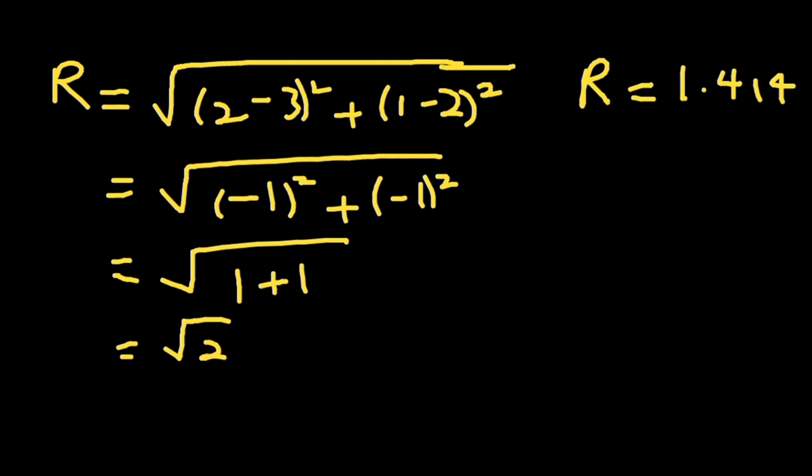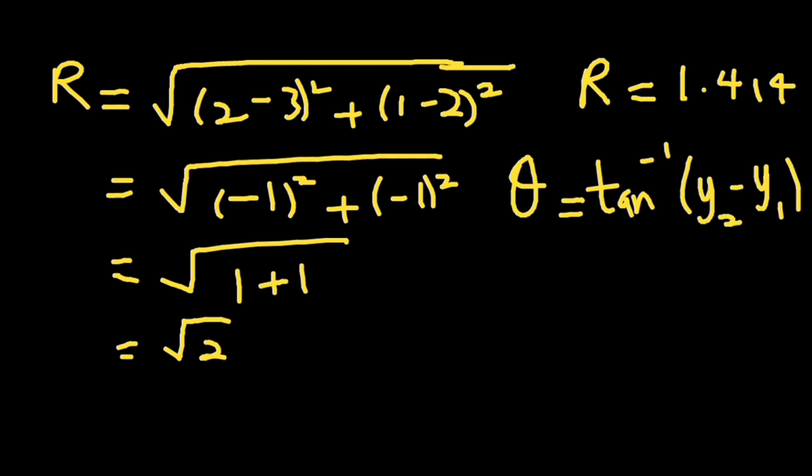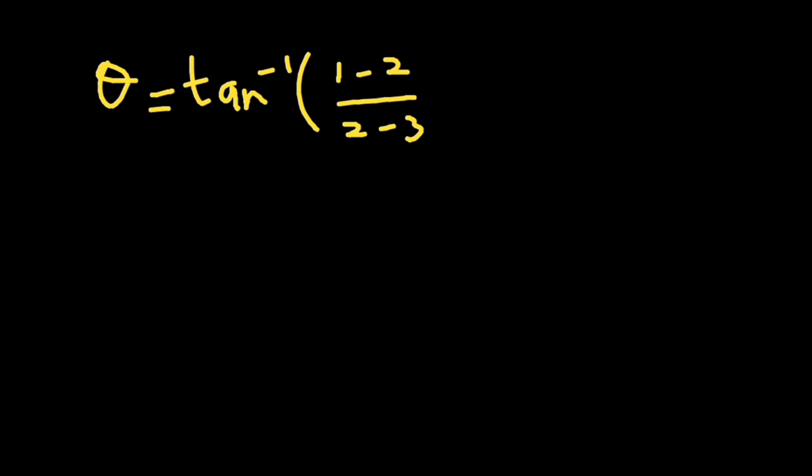Now we need to calculate the angular separation between the 2 points, given as theta equals arctan of (y2 minus y1) divided by (x2 minus x1). Substituting the parameters, we shall have that theta will be equal to the arctan of (1 minus 2) divided by (2 minus 3).